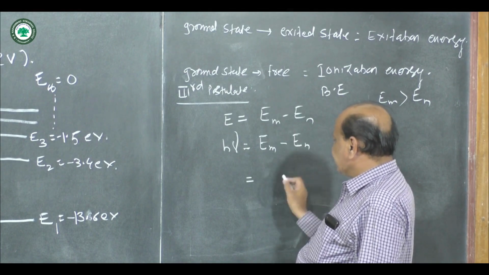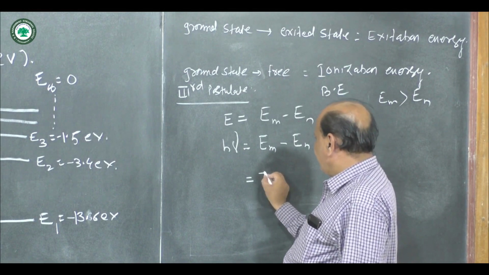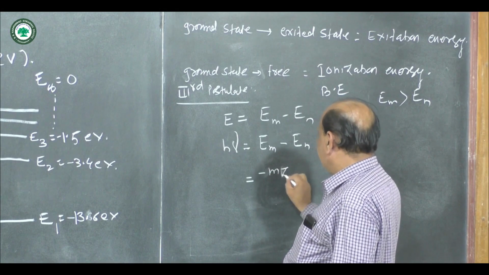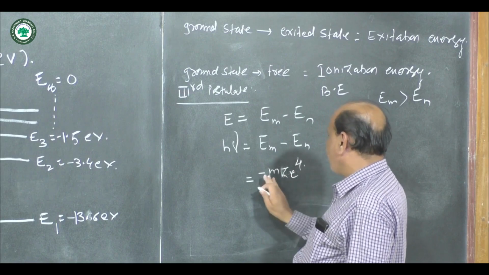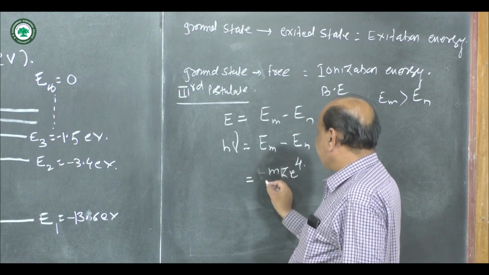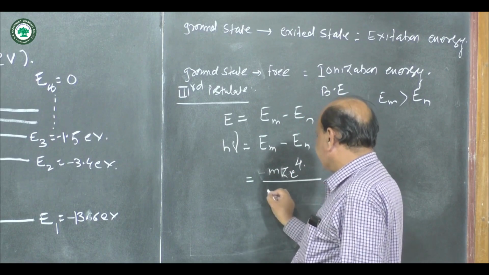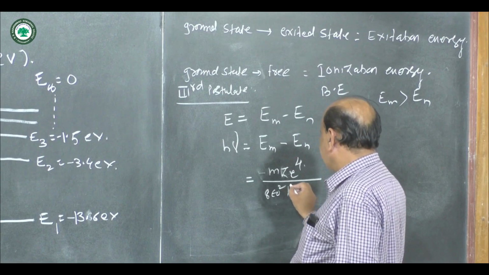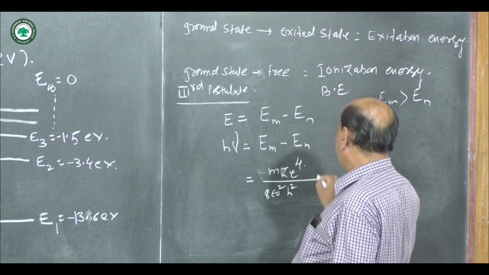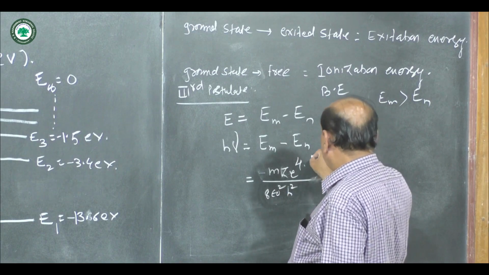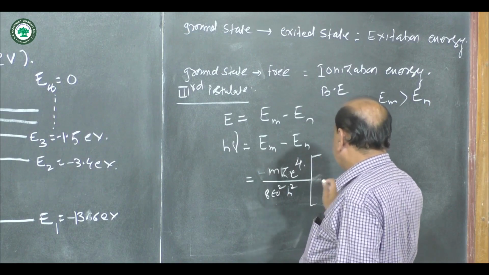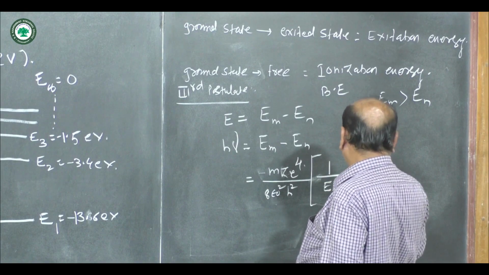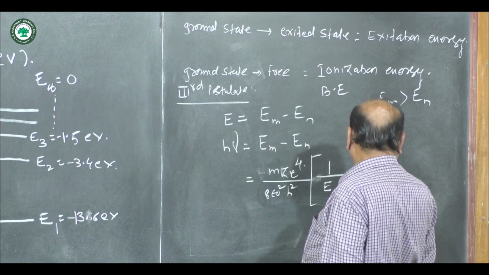After calculation, the value will be minus m z e raised to 4, after interchanging positions, over 8 epsilon zero h square, and in the bracket 1 upon n square minus 1 upon m square.